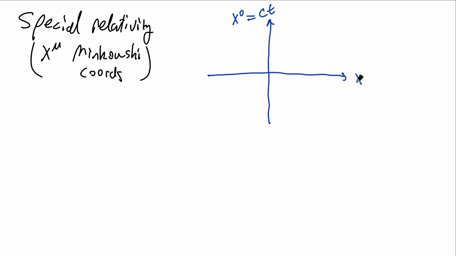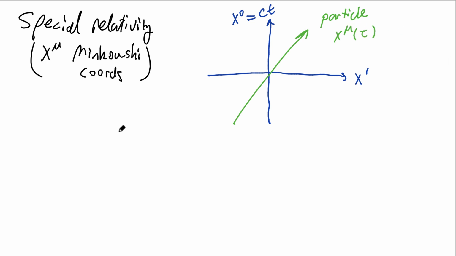And this is the x^1 axis. And just to keep things simple, we'll assume there's only two space-time dimensions, so there's no x^2 or x^3 axis. So here's a particle moving through the space-time with world line x^μ(τ).